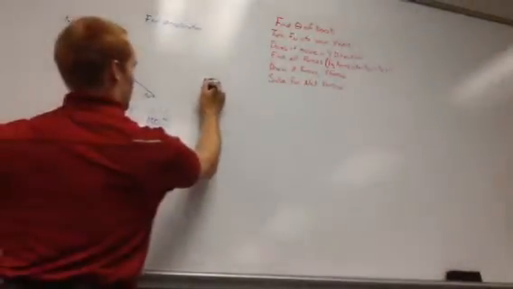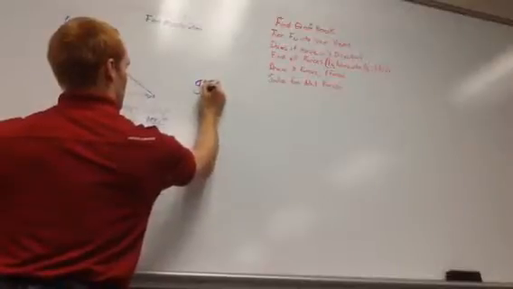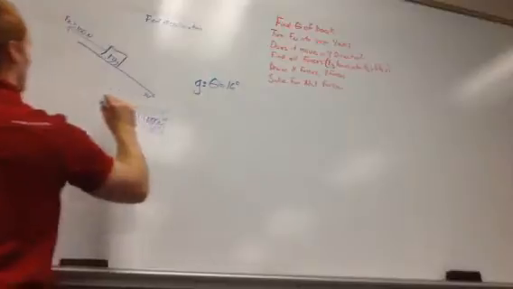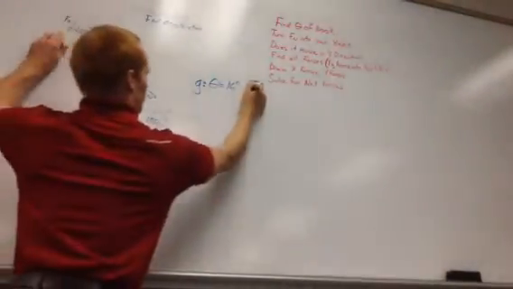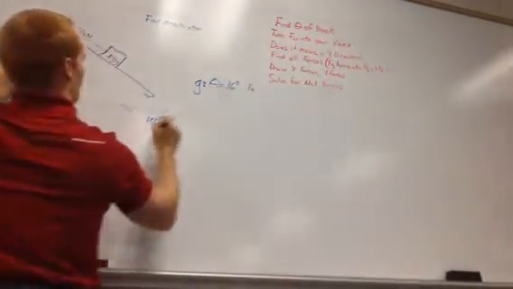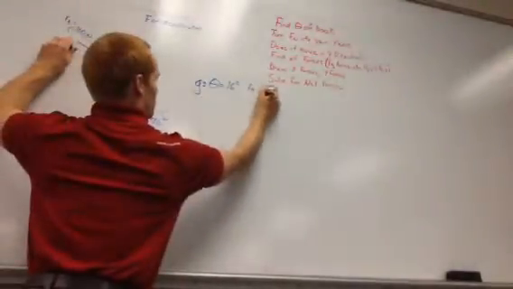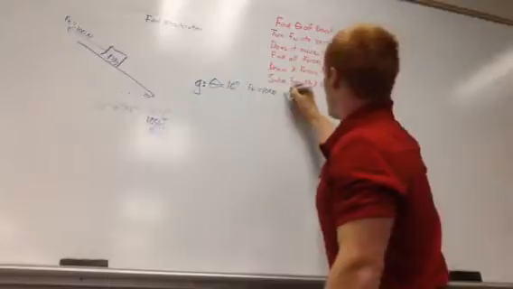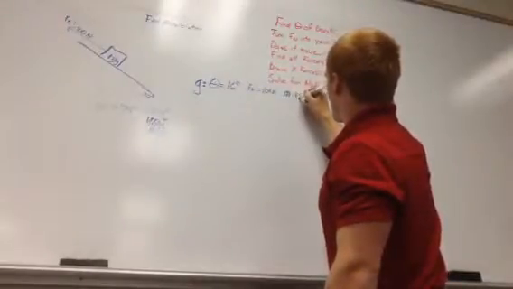So I'm going to write that as one of our givens right here. Givens: theta is equal to 16 degrees. I'll also write down some of this other information. Force of kinetic is 100 newtons, and the mass of the book is 13 kilograms.